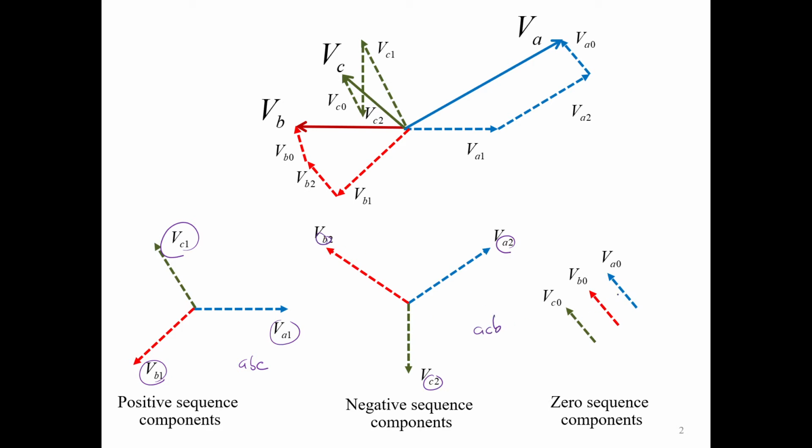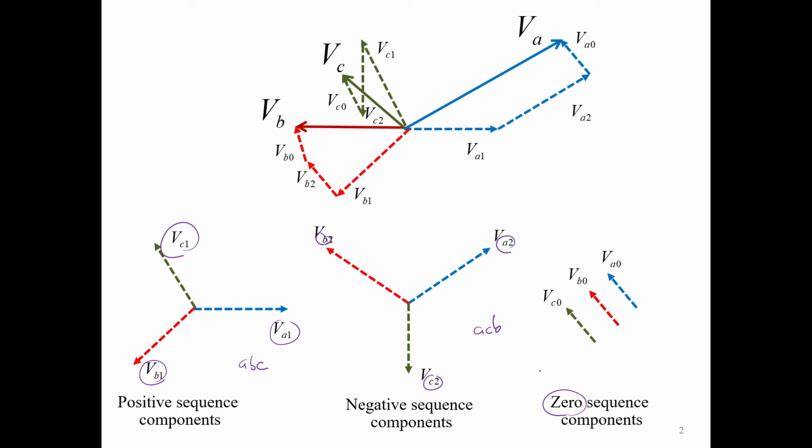And the zero sequence is the sequence at which the angle separation is zero. That's why this is called a zero sequence. Now you can see that with the unbalanced phasors A, B, and C, you can express these unbalanced phasors in terms of three components of balanced phasors.